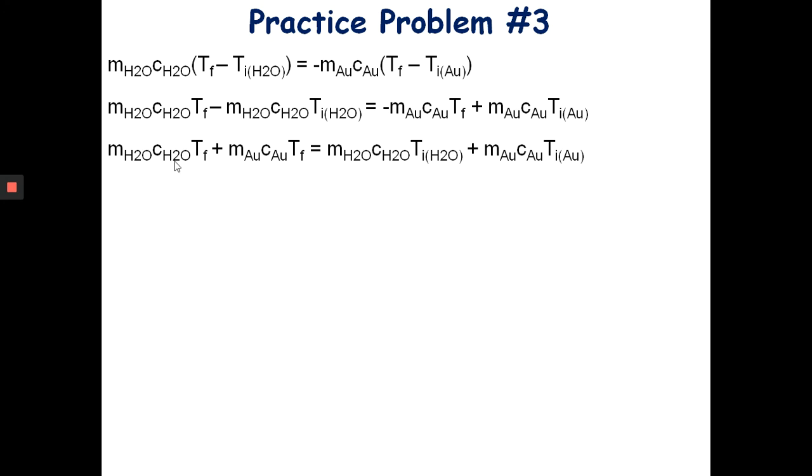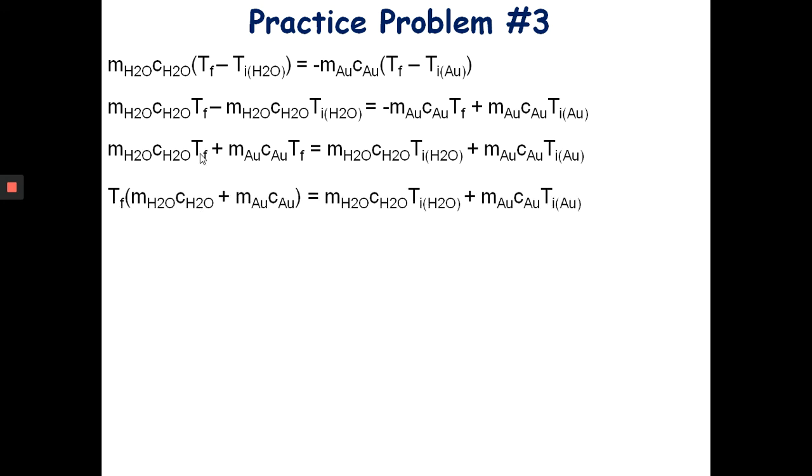Now I'm able to factor these first two terms in terms of Tf, because I need to isolate the Tf. So I'm going to factor Tf out to the front and put the rest into parentheses. Now, finally, I divide both sides by this factored term.